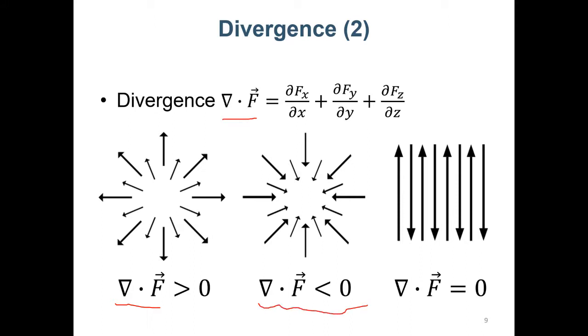Oppositely, if divergence of f is less than 0, you see the f tends to be pointing inward.